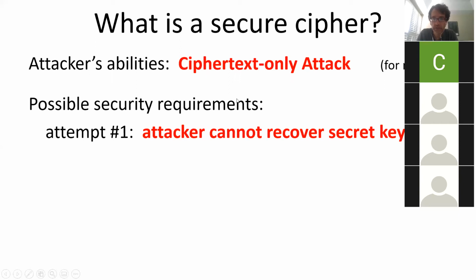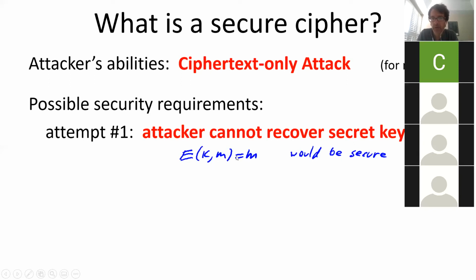Let's consider the adversary's capabilities and set them clearly for ourselves. The attacker's ability is that he gets a ciphertext, only ciphertext for now. Perhaps we could say that he cannot recover the secret key, but that wasn't quite true for the one-time pad.